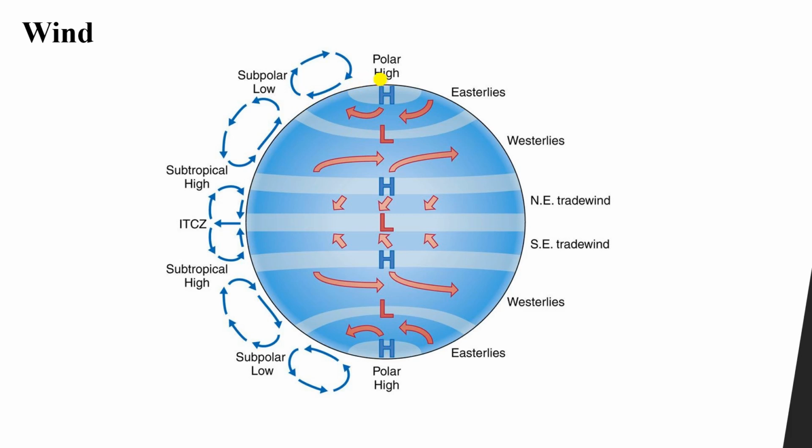Then here its temperature will increase, its density will decrease and it goes up, then returns back to the cold area. So as you can see, the cycle repeats itself in every location on Earth. You can see high pressure, low pressure, high pressure, low pressure, and so on. So between these different areas, the wind will start moving.